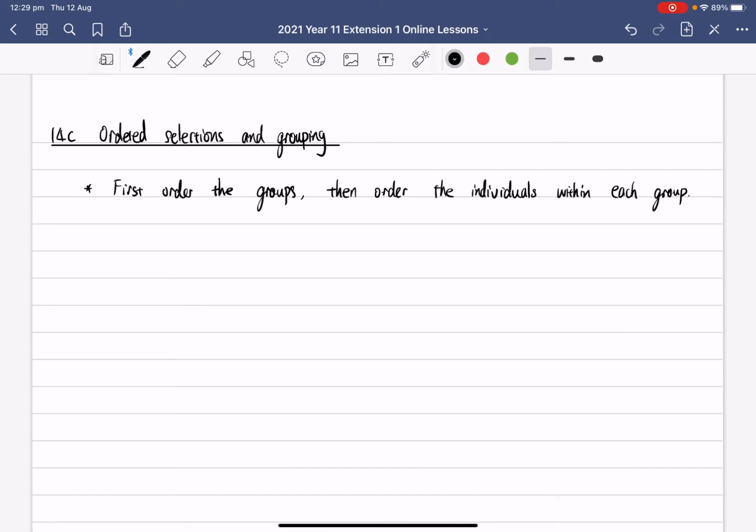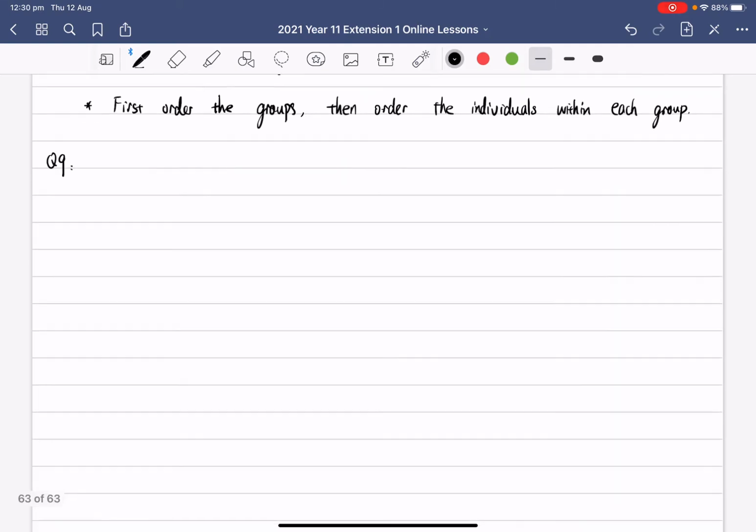We're just going to start with something very similar to the previous exercise, and I'll give you a few questions, and then we'll talk about some special ways of dealing with the questions. So let's look at question 9 from the exercise.